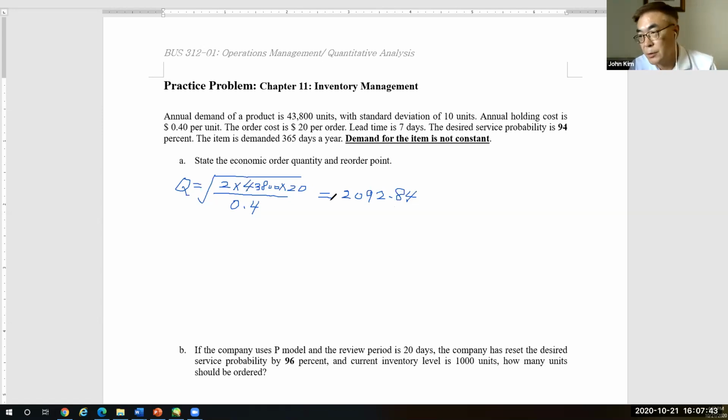Could anybody calculate this one and tell me if this is right? Yeah, that's what I got. Okay, thank you. Anyway, I think it's right. So round up, 2093 units.